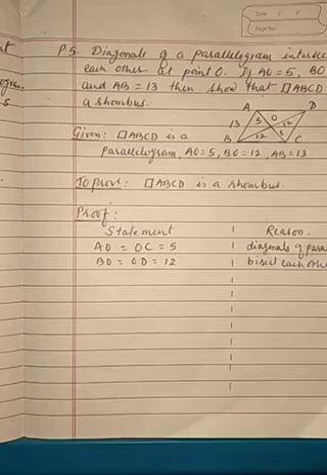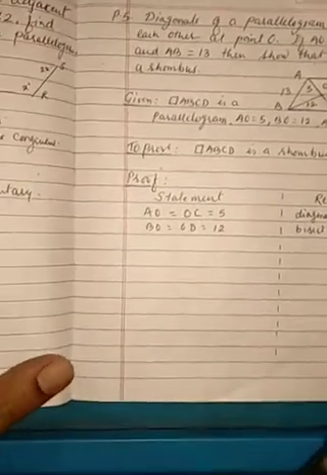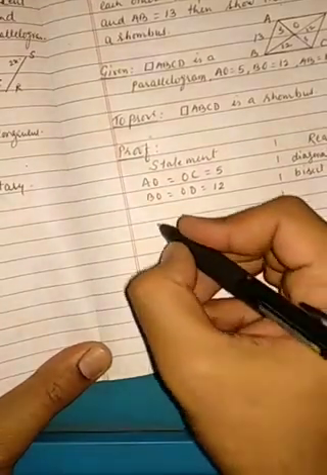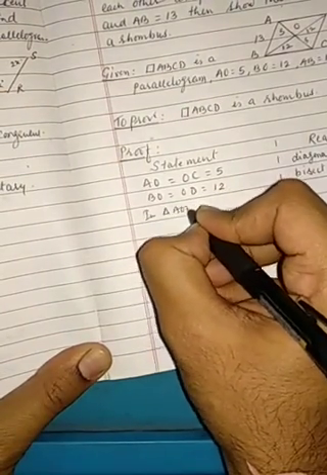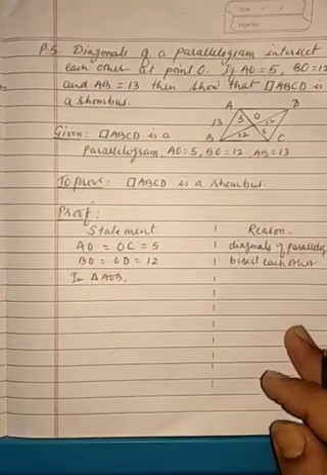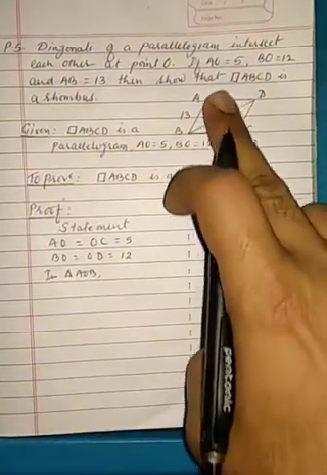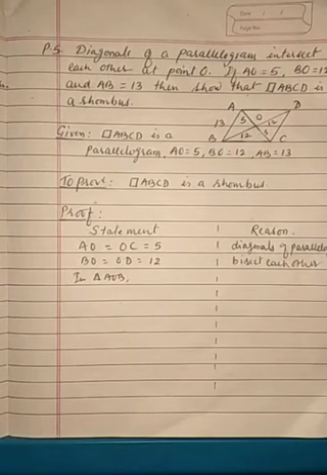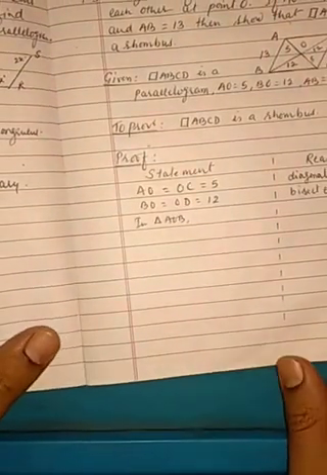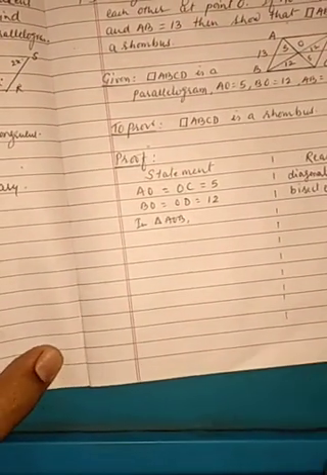Now the next thing is, let's assume triangle AOB. In triangle AOB, now you know three sides, 5, 12 and 13. So let's check whether this is a right angle triangle or not, because you want to prove that the diagonals are perpendicular bisectors. So let's check.